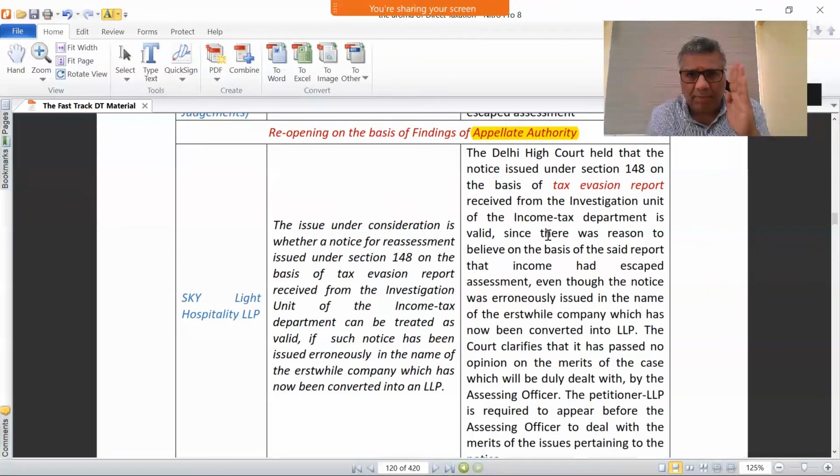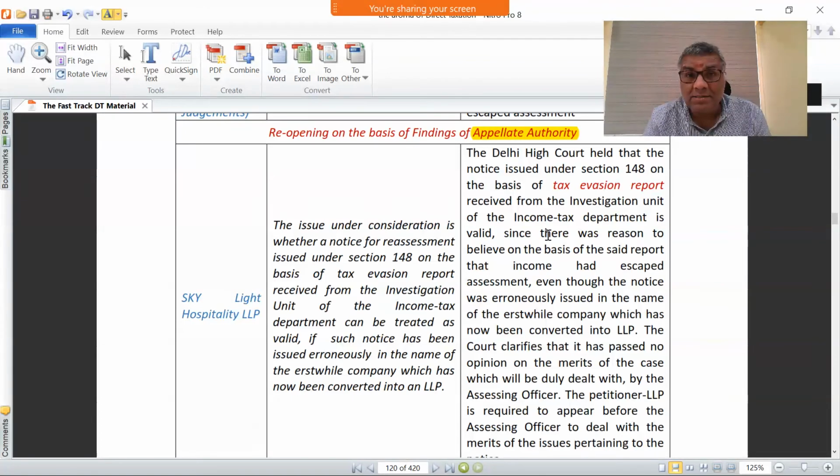The income tax department has two wings: administrative and investigation. The investigation wing has conducted some investigation and said, look, this assessee has evaded tax, and submitted the information to our assessing officer of the administrative wing.